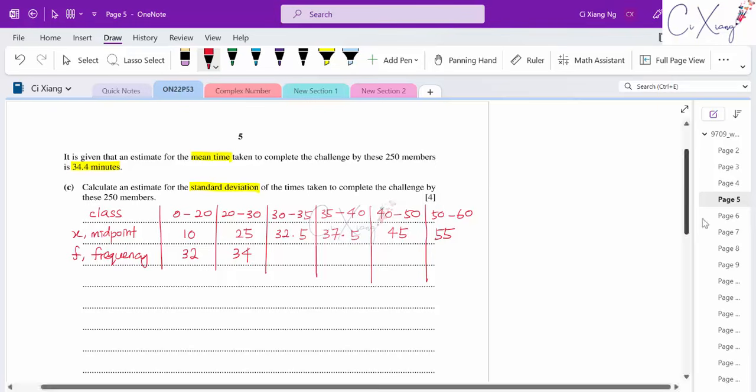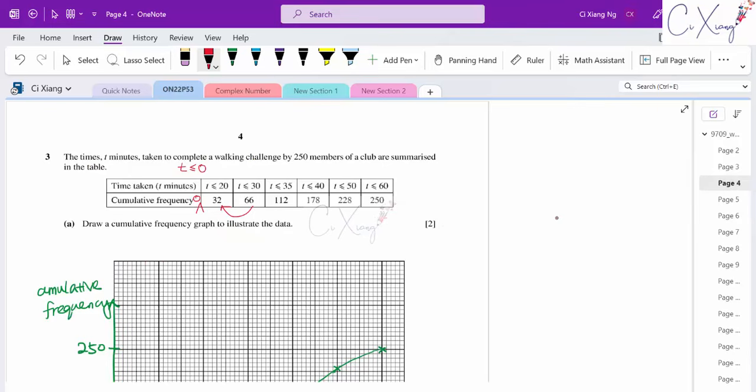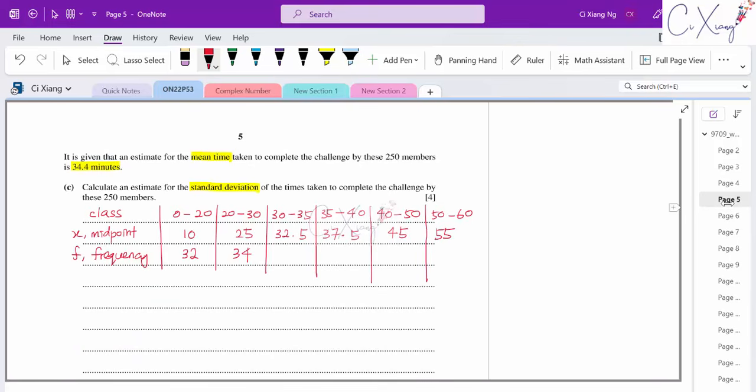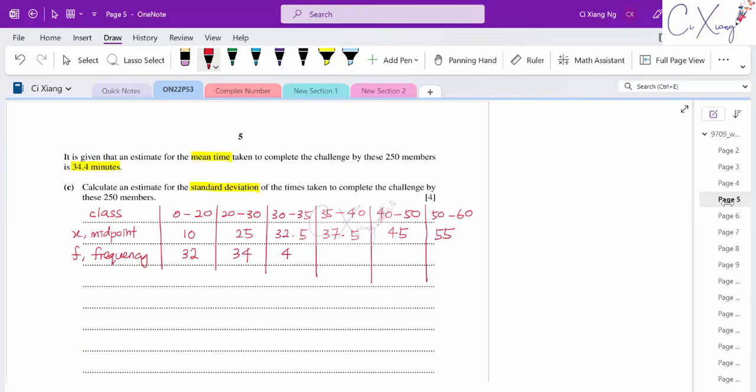The same thing happens for the frequency of the next class. I take 112 minus 66, then I will have 46. So I repeat the process until I get all the frequencies for every class here. After I get all the midpoints and also the frequencies, I can get the summation of fx squared.